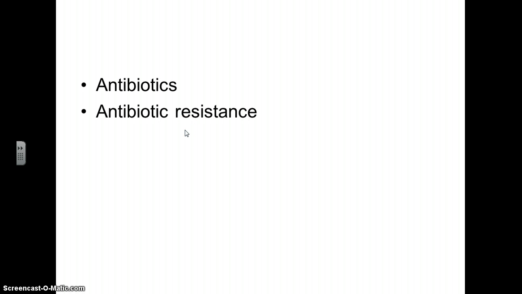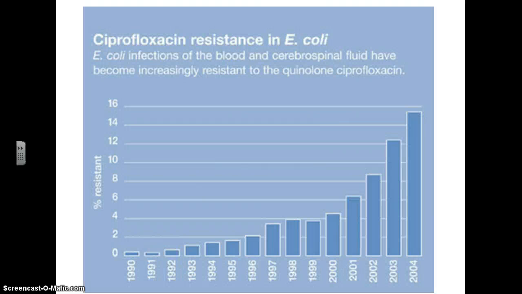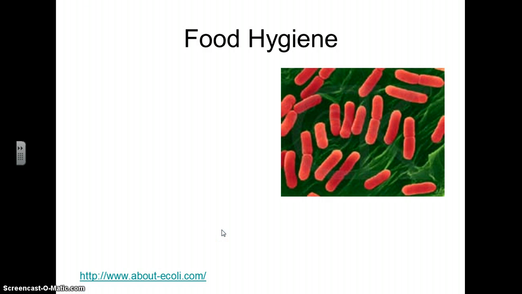So the bacterial population can evolve over time to become resistant to certain antibiotics. So you shouldn't say a person becomes resistant to the antibiotic. It's not the person, it's the bacteria that are residing inside of them that have evolved and become resistant. So ciprofloxacin is an antibiotic, and you can see here this change in time of the bacterial colonies becoming more and more resistant to it.